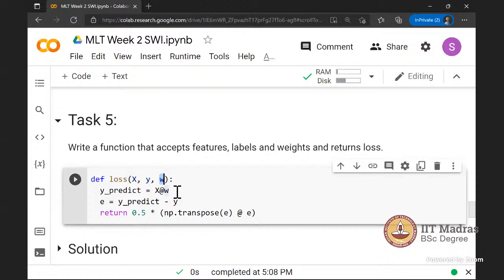W will be a matrix, right? W should be a matrix of what size? Depending on the number of weights you choose to have. W0, let's say, and we have W1. Two features. Then how many quantities will be there in W? The number of records in X, 3 cross 2.